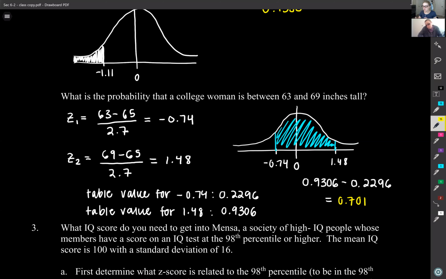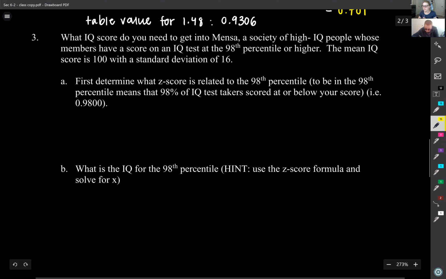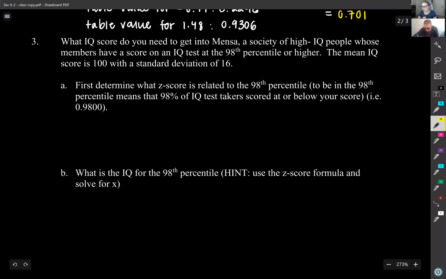But let's go ahead and jump into example 3, which is a little bit different. Example 3 says, what IQ score do you need to get into Mensa, a society of high IQ people whose members have a score on an IQ test at the 98th percentile or higher? The mean IQ score is 100 with a standard deviation of 16.